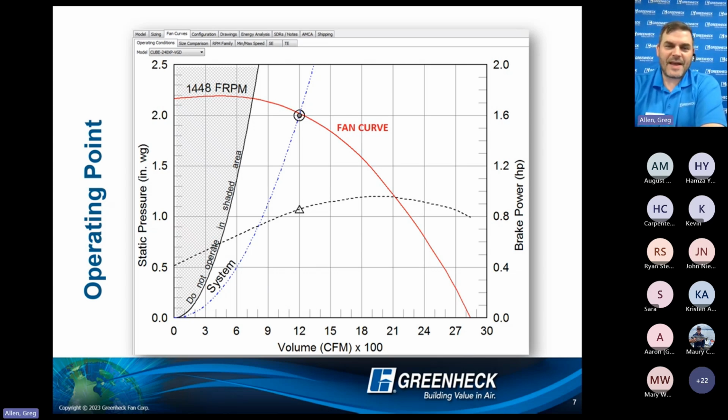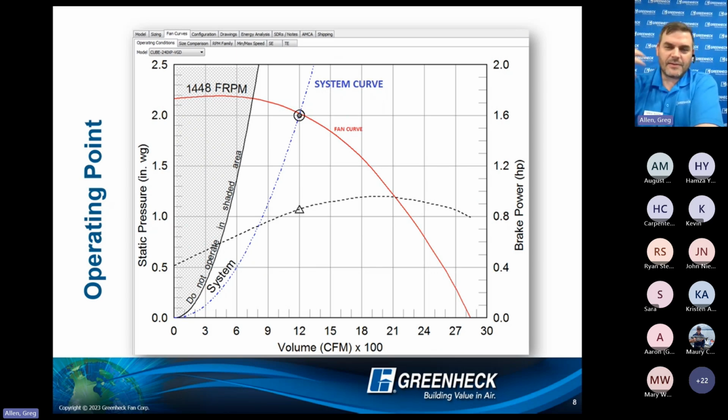All right, so we have a fan curve, which is that red line, our fan RPM, but we also have this blue, kind of squared looking parabola. And this is a system curve. This represents all the duct work, the 300 feet, the 6 elbows, the reduction, all that has been added up.